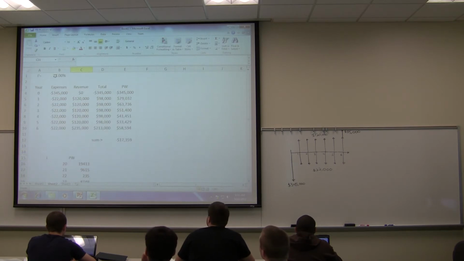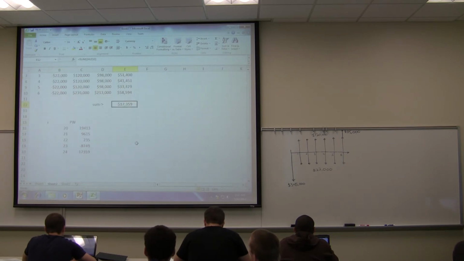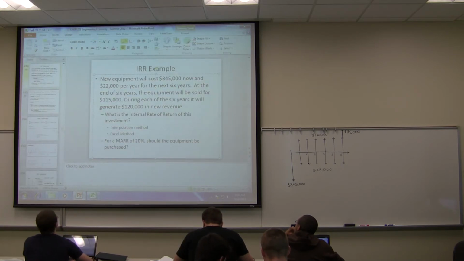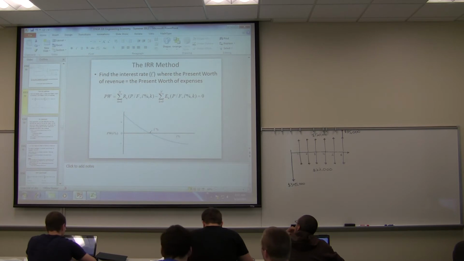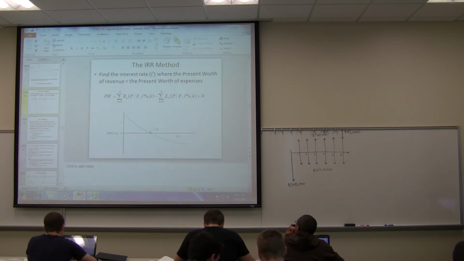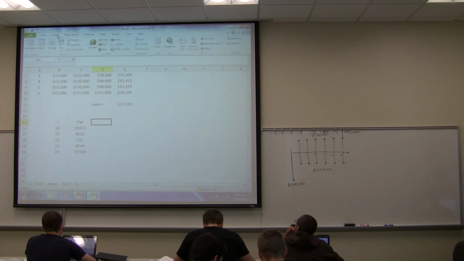Okay, so I've just put in a couple of different interest rates and found out what the present worth is. We can create a graph with this data that we've just copied down, and where it crosses the intercept is going to be the interest rate that is the internal rate of return. So what we're doing is recreating this figure. We're going to recreate a curve that shows what the present worth is as the unknown interest rate changes. So I'm going to insert a chart.